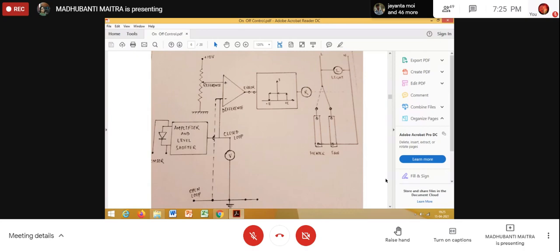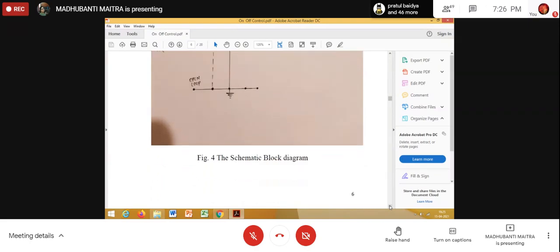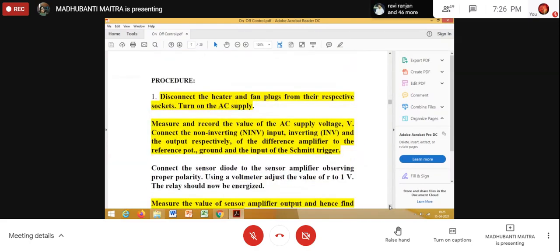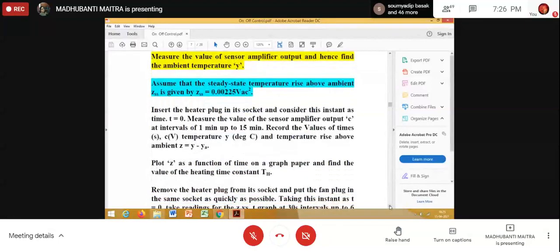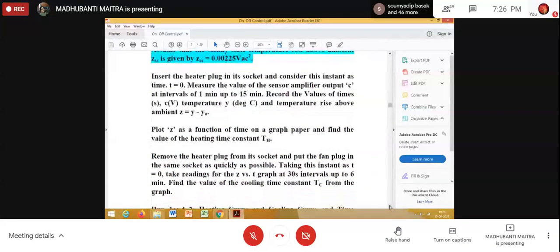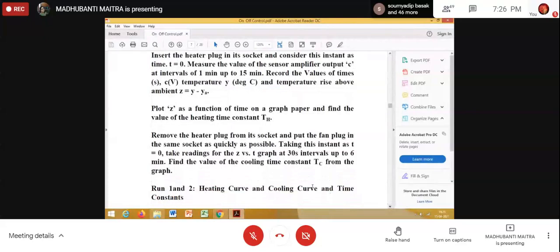So now the fan will be in the circuit and heater is removed from the circuit, so the cooling process will start. And when we put the plug of the fan at the heater socket, that particular time instant should be considered to be time t equal to 0.